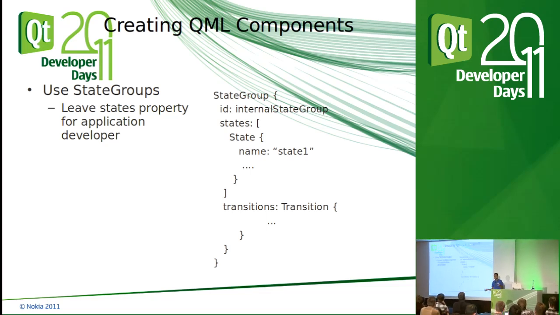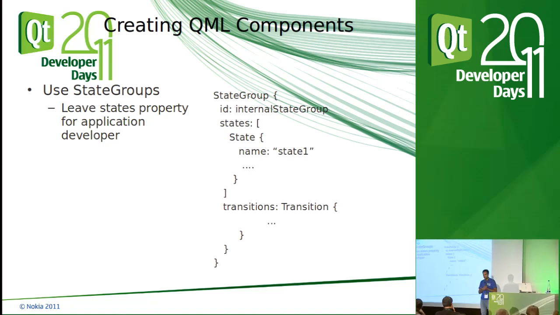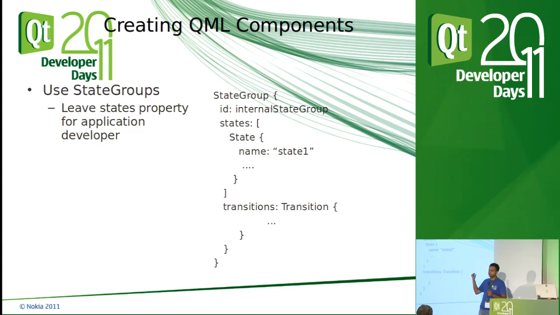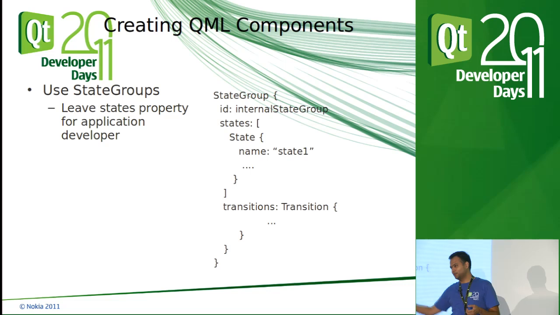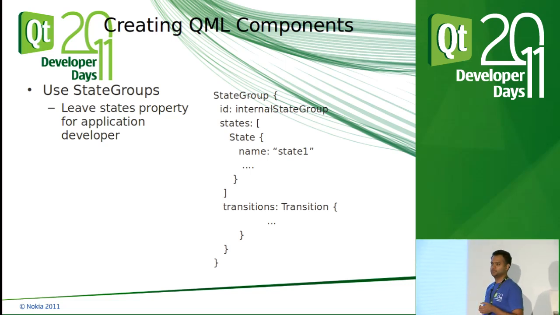And you don't want this to happen. So when you do components, you should stick all your states and transitions into a separate state object, and this state object in QML is called StateGroup. Really, I just pasted some code in there, but you just need to know that there is something called a StateGroup. Go to the documentation. It's fairly easy to use. So for components, don't use the states and transitions variable. Leave it to the user of your component to use it.